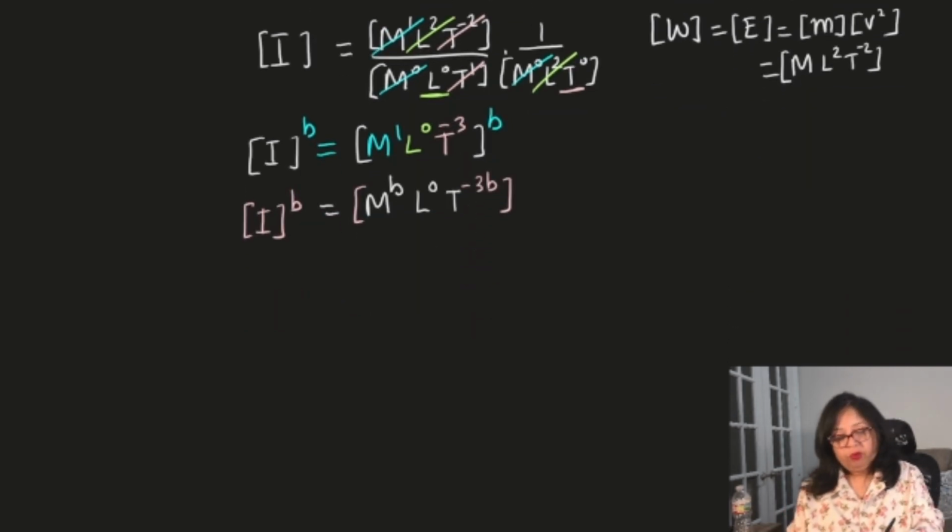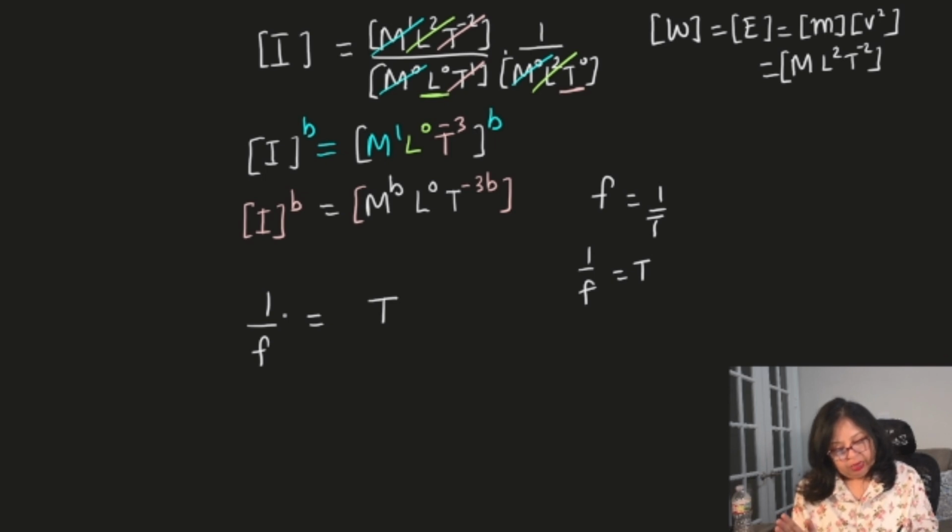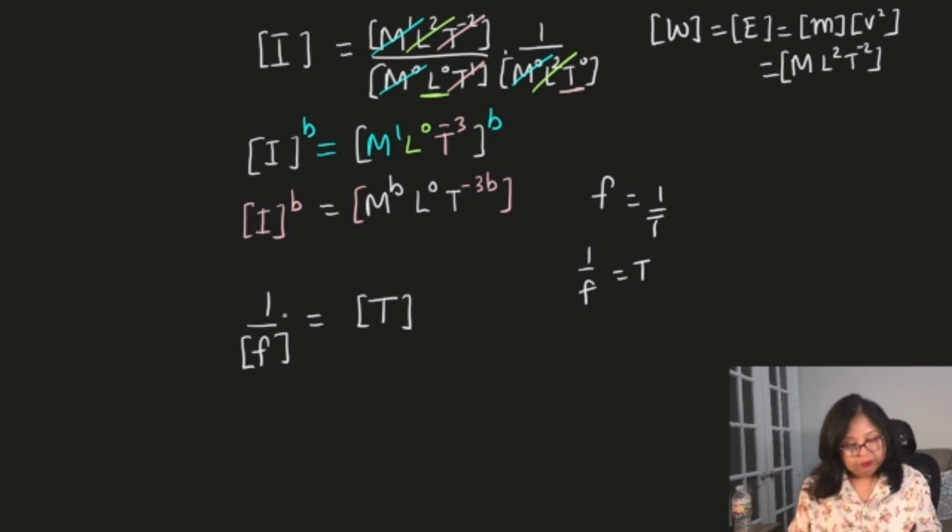Next I have frequency. In fact, I have 1 over f, correct? 1 over f is time period. Frequency is 1 over time period, so 1 over frequency is time period. I want the dimensional formula for 1 over f. So that is equal to dimensional formula for time period t, which is equal to m0 L0 t1.